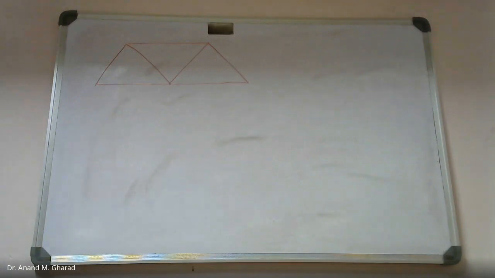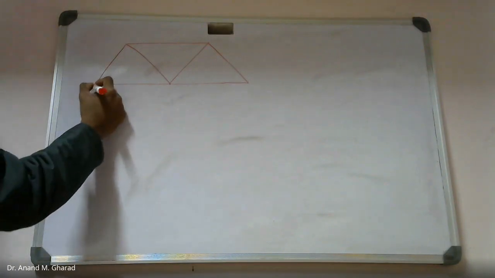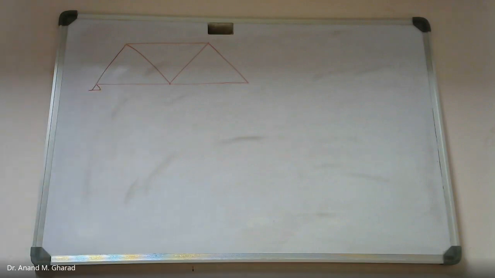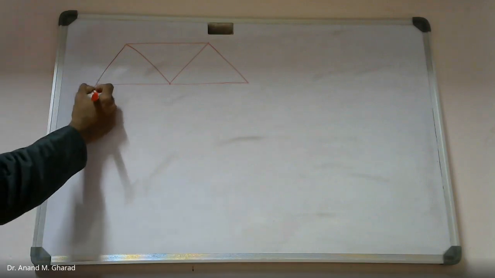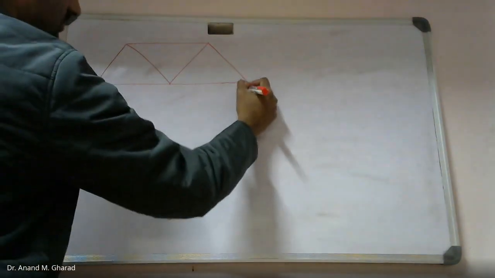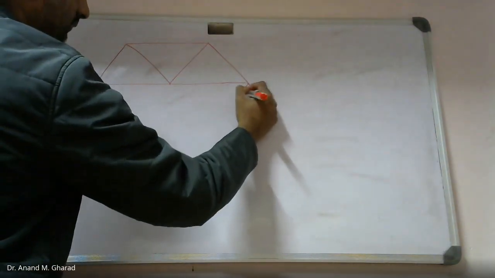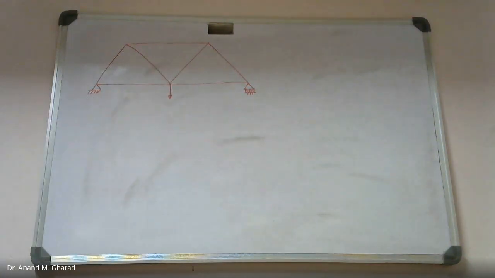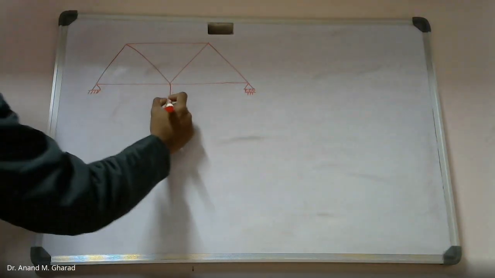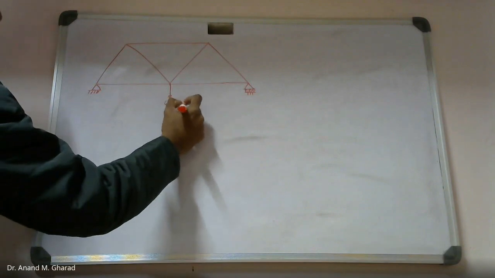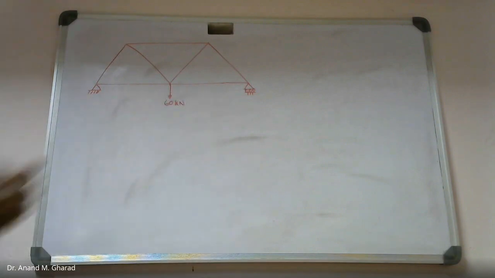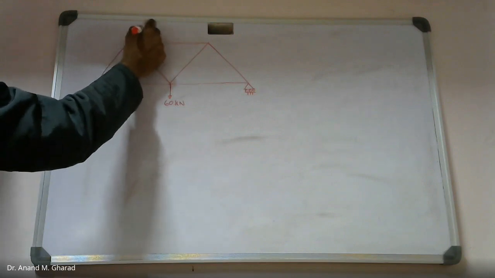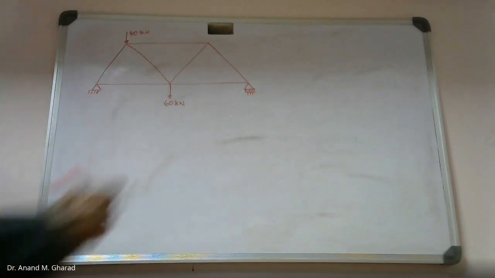Okay. So let's say this is the truss, this is a hinge support, this is a roller support. Over here there is some load which is 60 kilonewton, then 40 kilonewton, then this is 50 kilonewton.